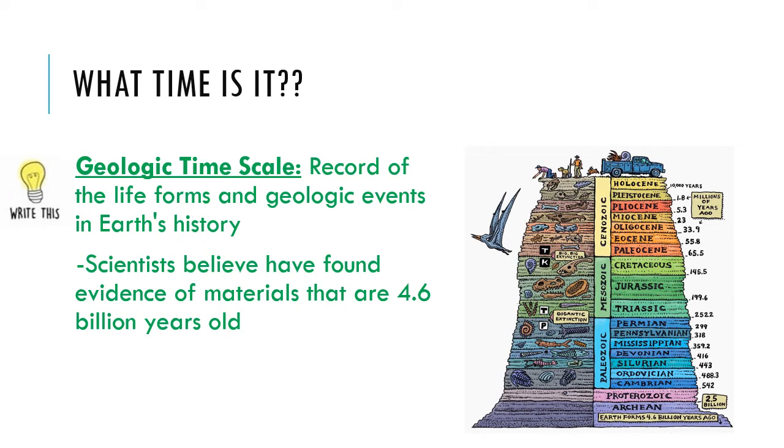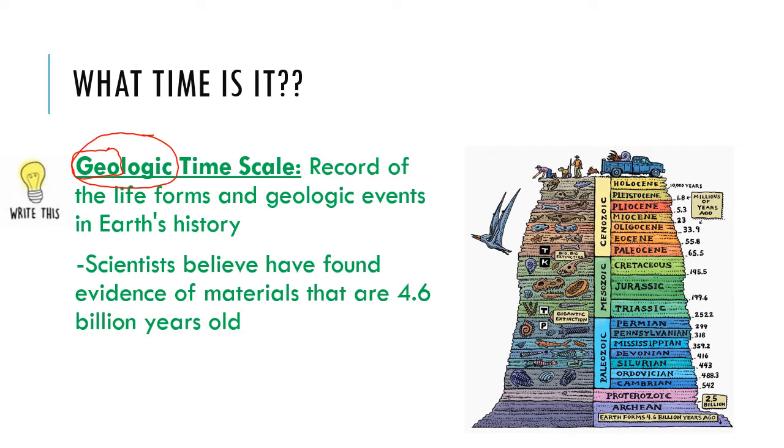We call this the geologic time scale. So again, remember we talked about geologic is anything to do with Earth. Really that first part, geo, is anything to do with Earth. Earth's time scale is the record of the life forms and geologic events in Earth's history. So make sure we're filling in our notes as we're going through.